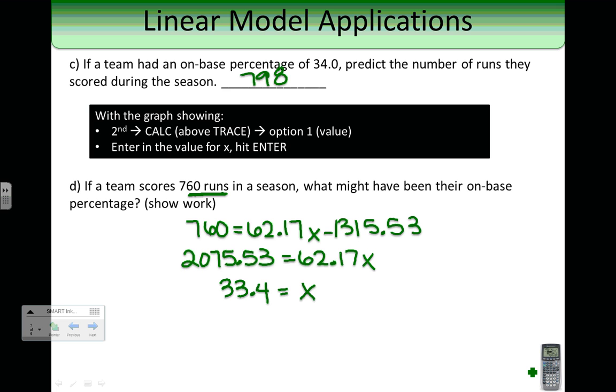So if they scored 760 runs in a season, you can estimate that they might have had around a 33.4% on-base percentage. Probably their runners got to base safely about 33.4% of the time.